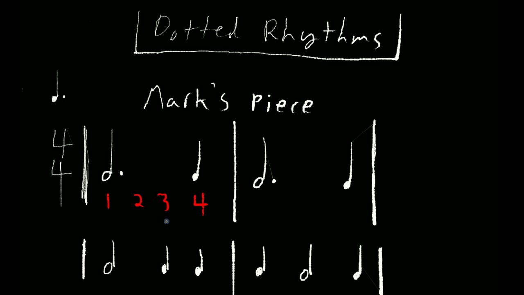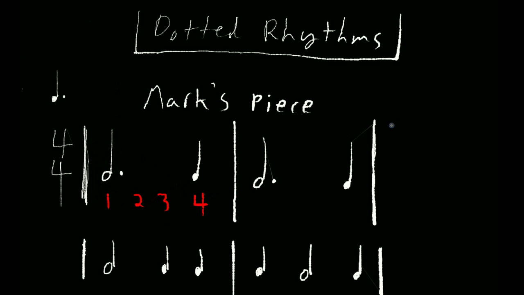This comes up sometimes in big band writing, where if you're playing a slower tune and there's a little bit of a swing section in it, or if they want you to emphasize a certain style, the director might tell you, really emphasize those dotted rhythms. And this is the character of what he's talking about.